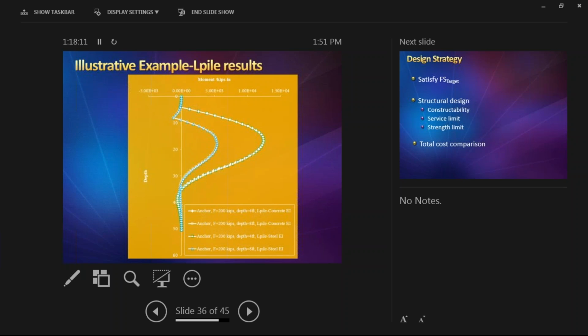But if it is purely for slope stabilization without any relevant structures or pavement nearby, then you probably don't have to worry too much about the deflection of the drill shaft. But anyway, the tool of LTAP will allow you to consider both the serviceability and the strength limit of the drill shaft under the load coming from the arching effect.